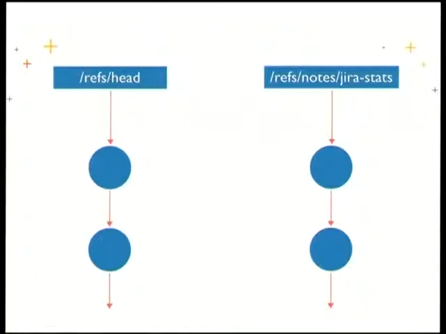Separate to your regular commit graph, we have this second ref pointing at this second commit graph inside our repository. Very similar to the unpacked format for objects, inside this JIRA stats ref, inside this commit, it points at a tree.